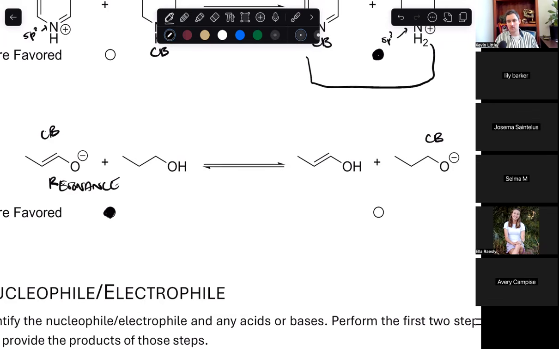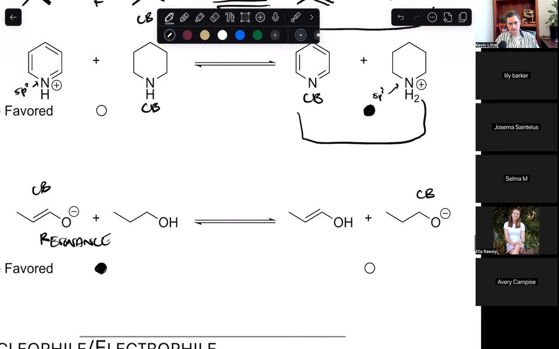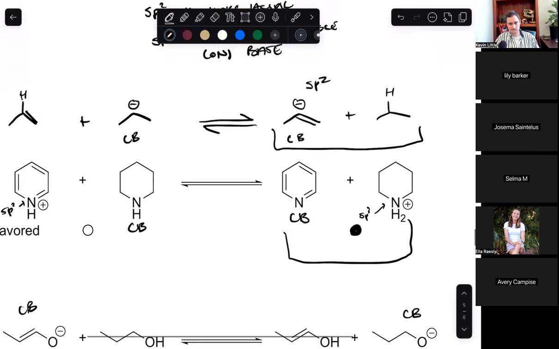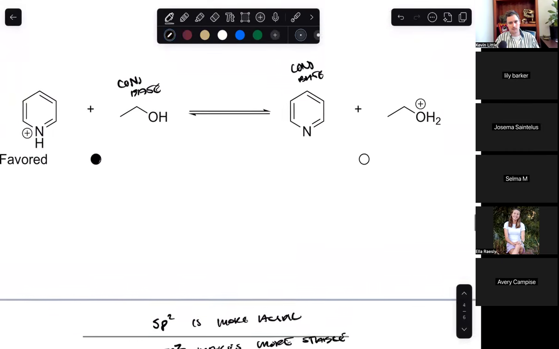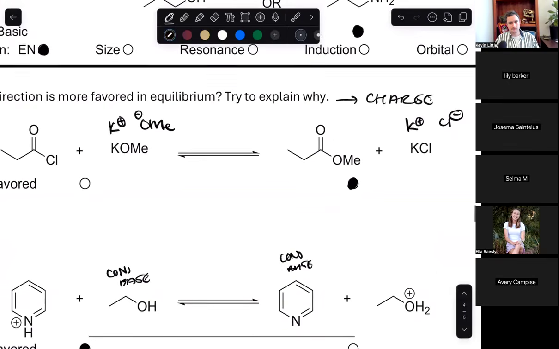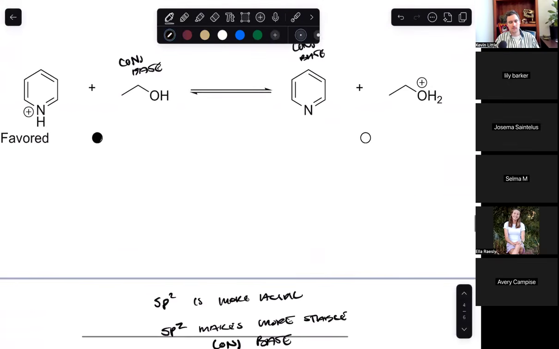So, a quick question. When using this, how should we know which is more powerful? Like you said, electronegativity plays a bigger role than hybridization. So, how do we know that? Is there a ranking system on which is more powerful? No, that's what pKa is for.